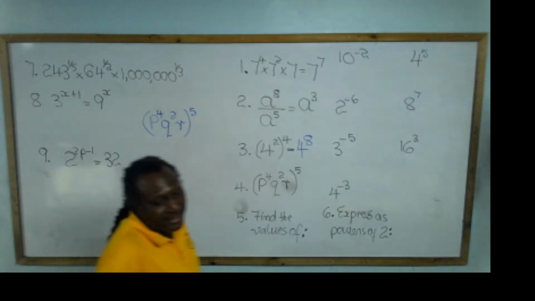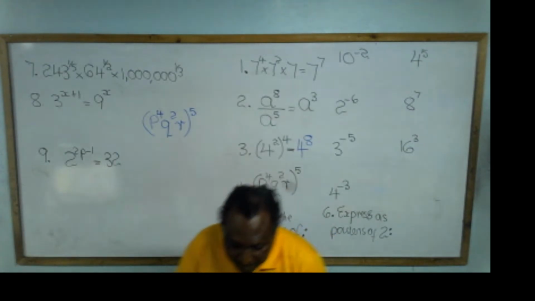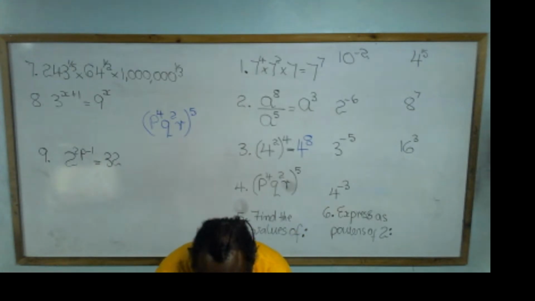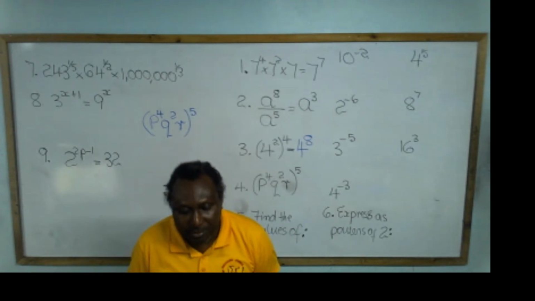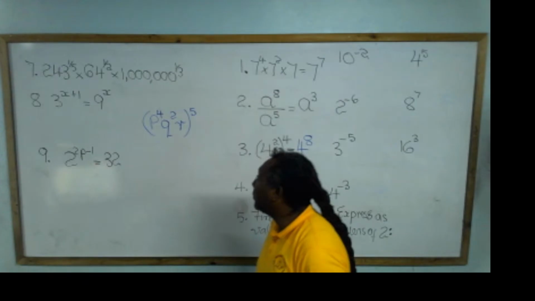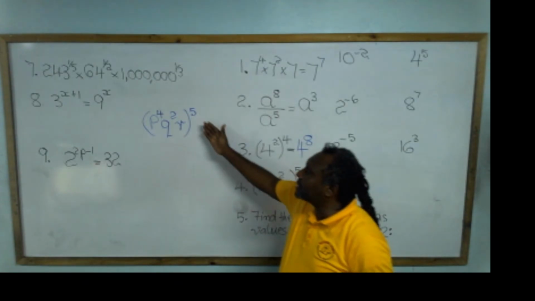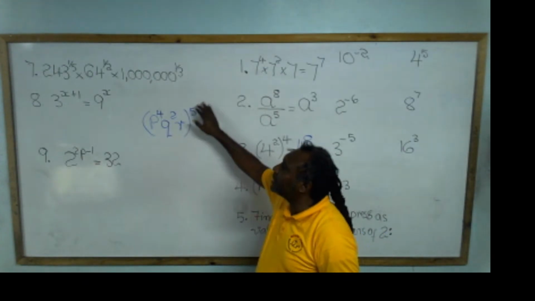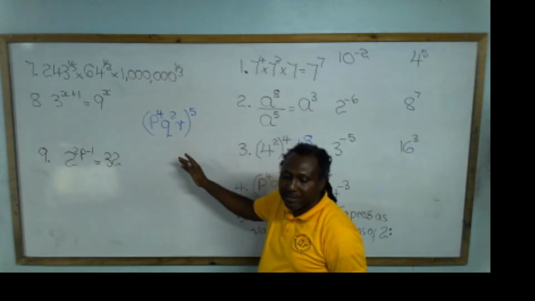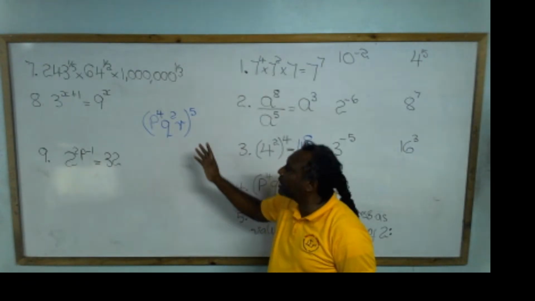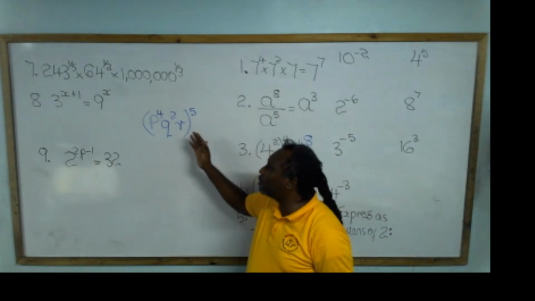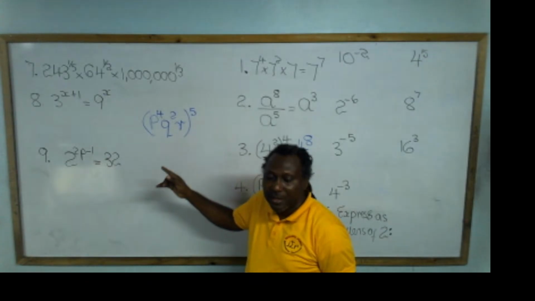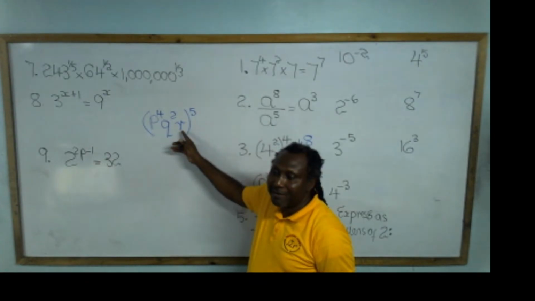All right, so let's continue. It is because of the power: those numbers with their powers raised to another power, you multiply the indices. So you're going to have p to the power of 20, q to the power of 10, and then r to the power of 5, because the index of the r is equal to 1.